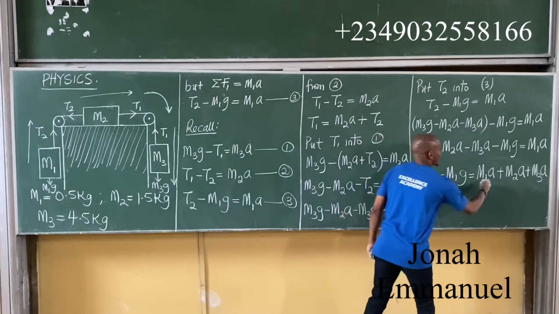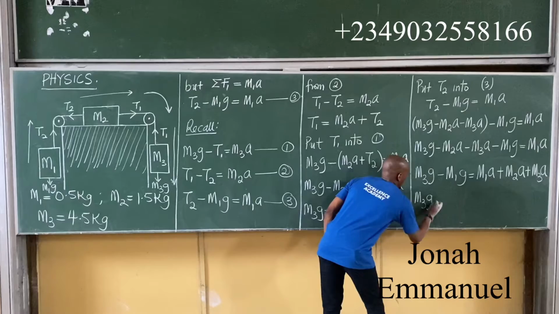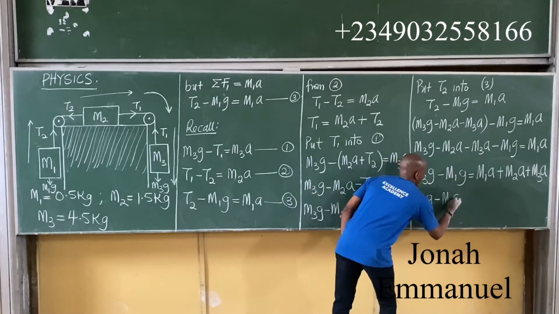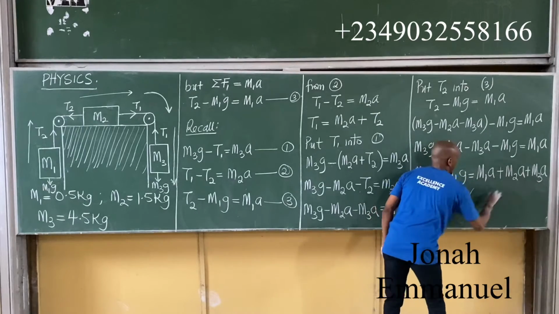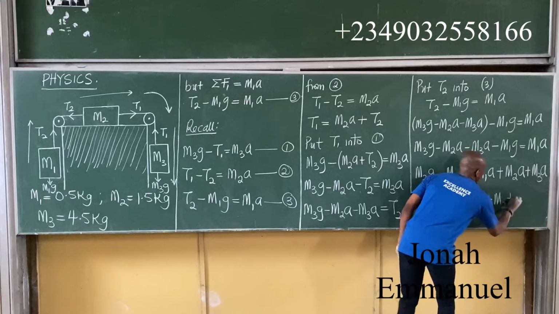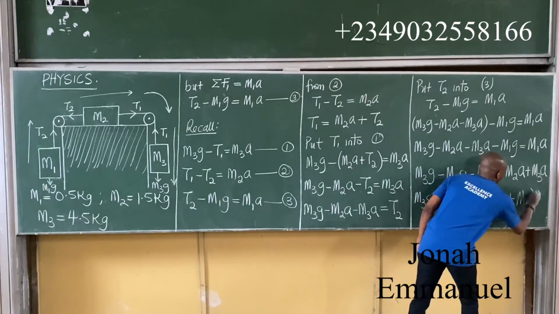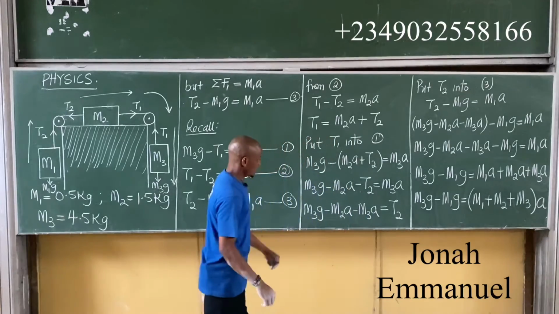Of course, factorize the A. This becomes M3G minus M1G is equal to, factorize A out of this, becomes M1 plus M2 plus M3 all into A. So I have this.